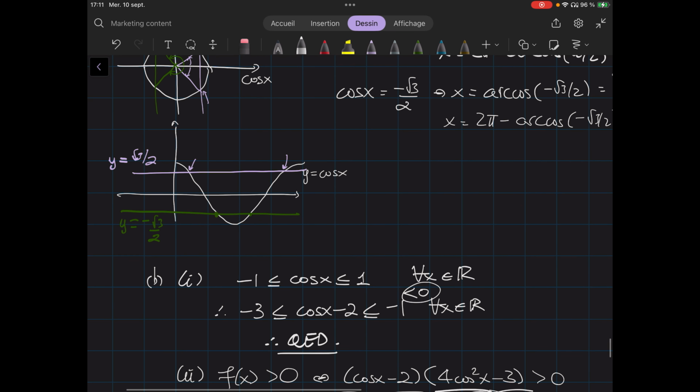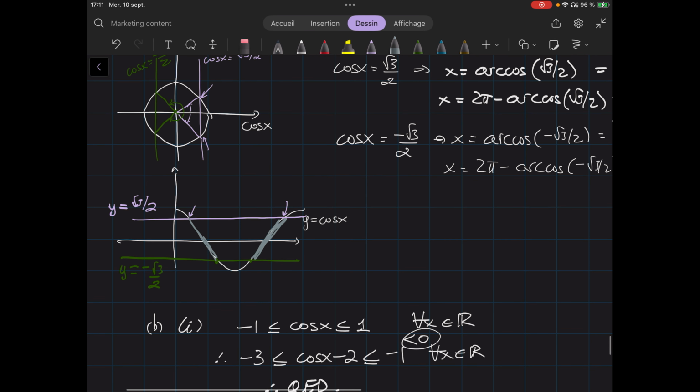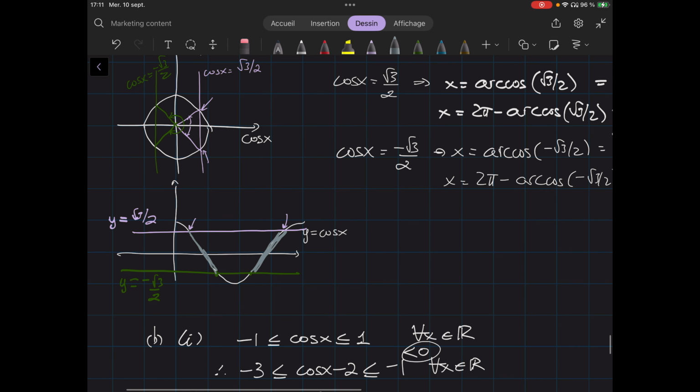Going back to the curve. This means that our values of x are in this part over here and that part over there. If you're using the unit circle, it is between these two values and those two values.